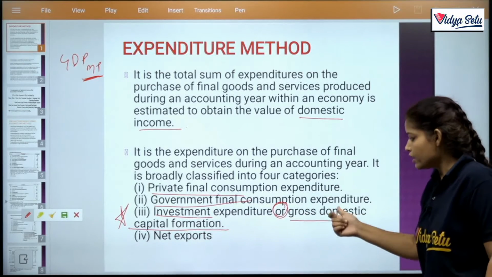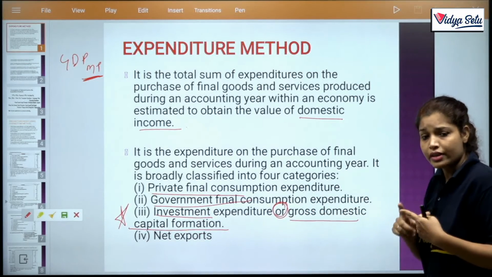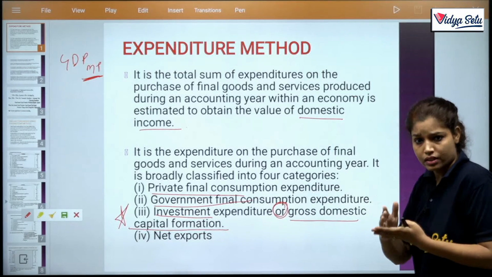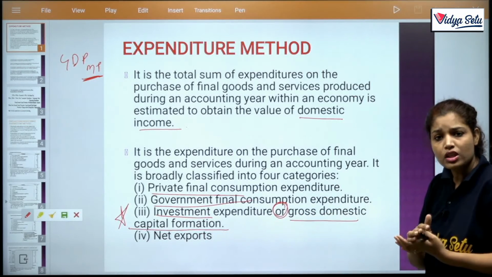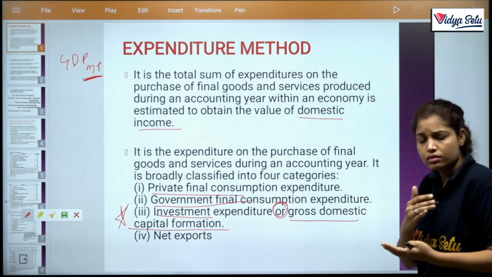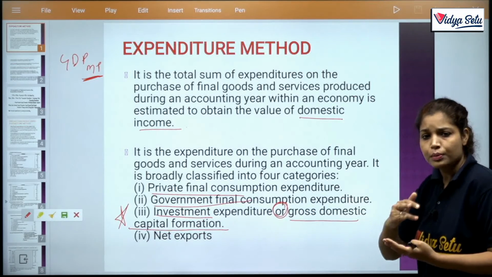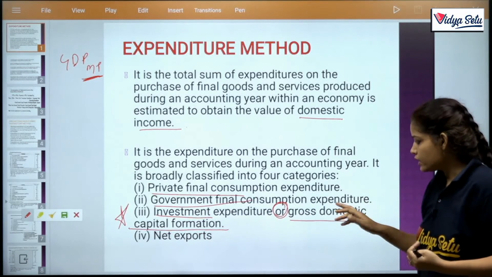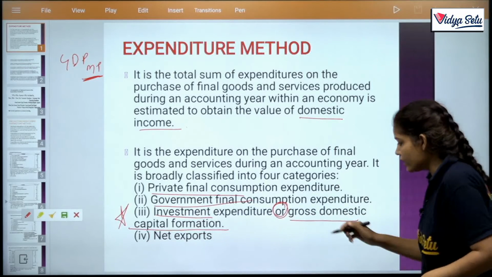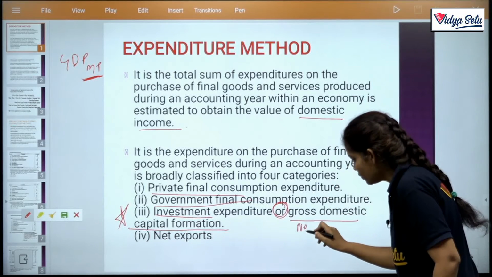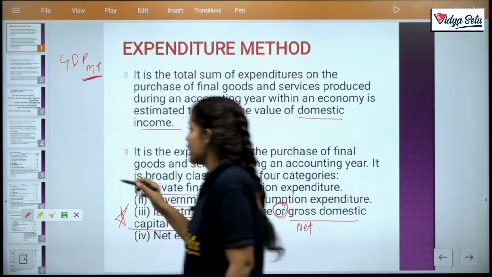What is gross domestic capital formation? When we purchase capital assets, capital expenditure like land, assets, plant, machinery, etc. These are capital formation, investment. Clear? If the word is net, then we receive NDP-MP.